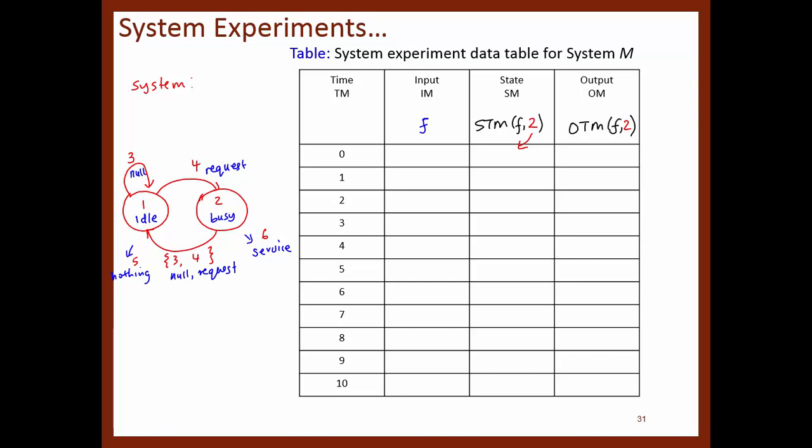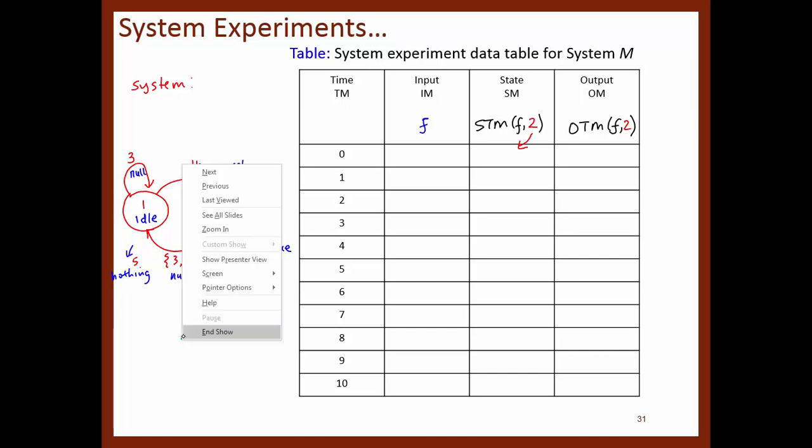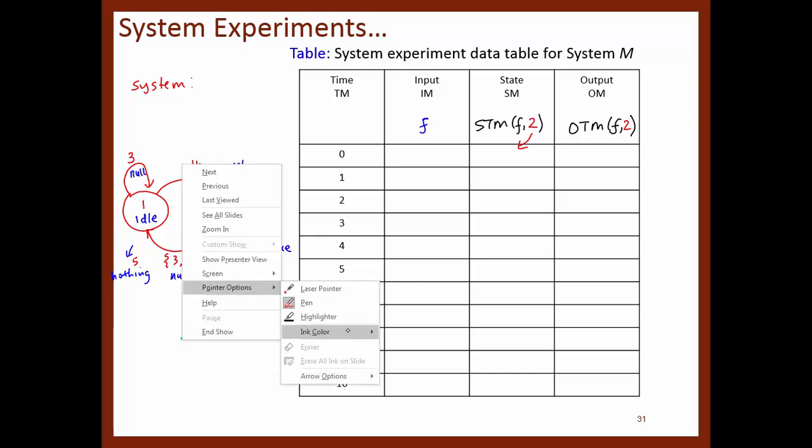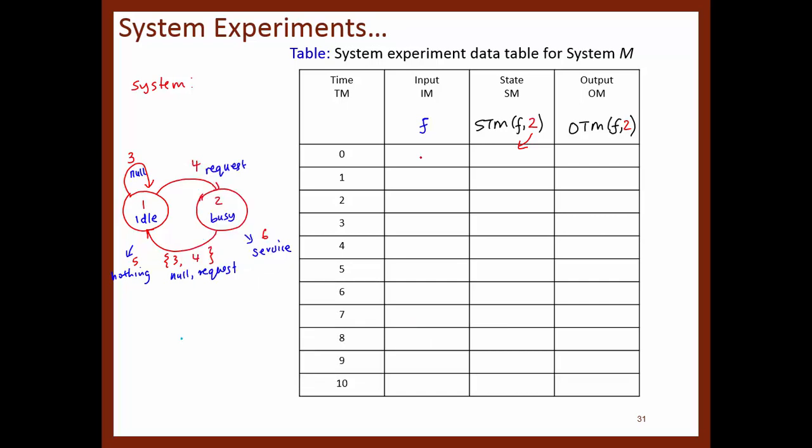Okay, so here we're going to look at the following. I'm going to give you this input trajectory: 3, 3, 3, 4, 4, 4, 4, 3, 3, 3, 3.